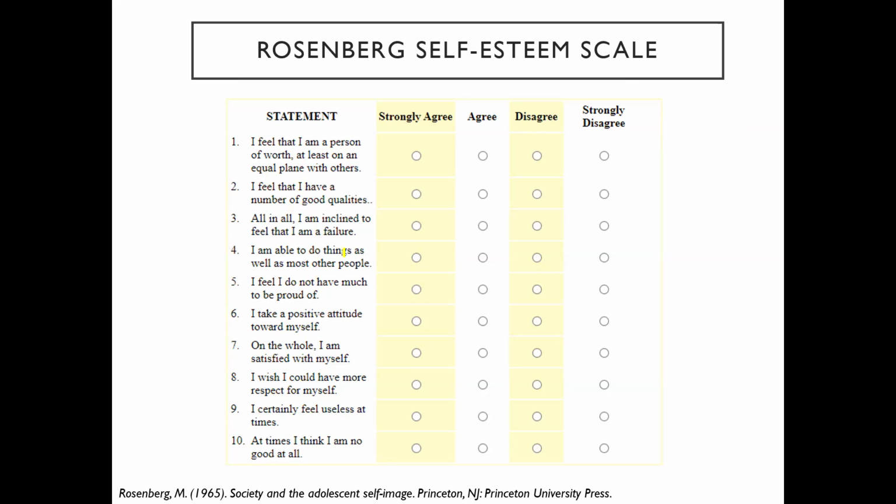As you can see, these are not exactly the same manifestation of self-esteem. If I have high self-esteem, I think that I can do things as well as other people do, and I would also think that I have a number of good qualities.